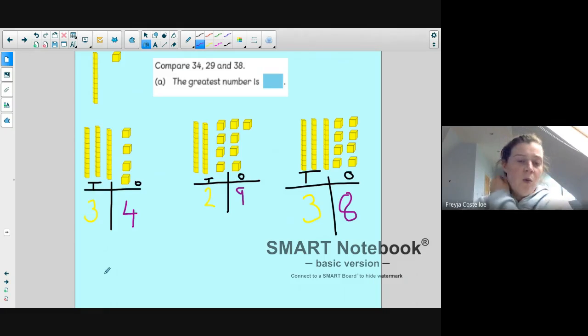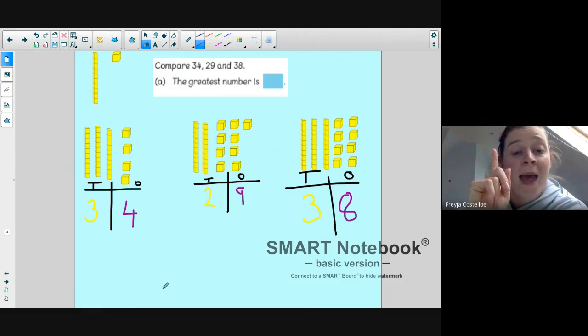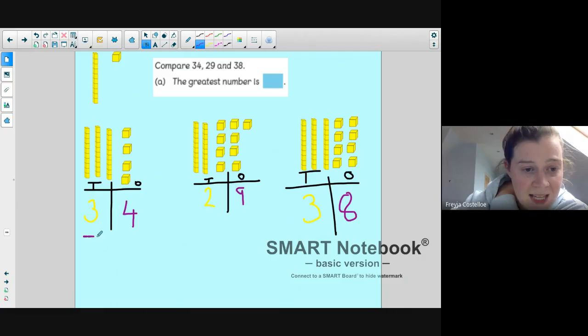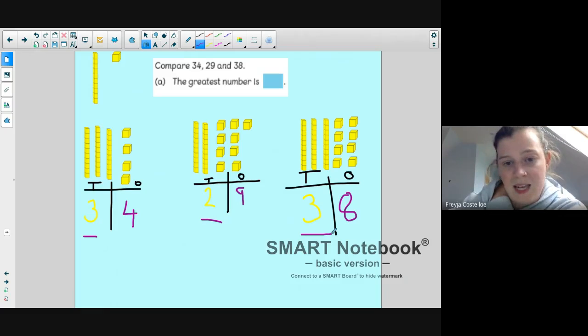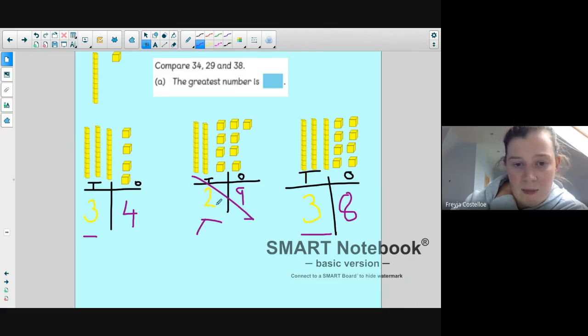So, having a look at all of these numbers, which is the greatest number? We start by comparing the tens. So I've got 3 tens here, 2 tens here, and 3 tens here. So I definitely know it's not going to be 29, because I've only got 2 tens there.